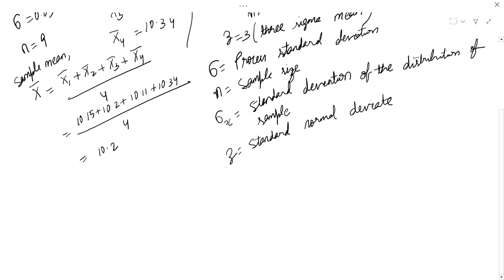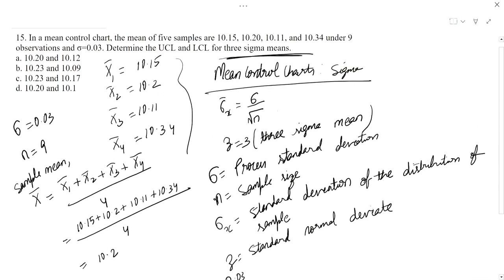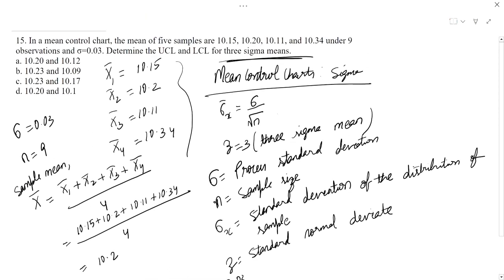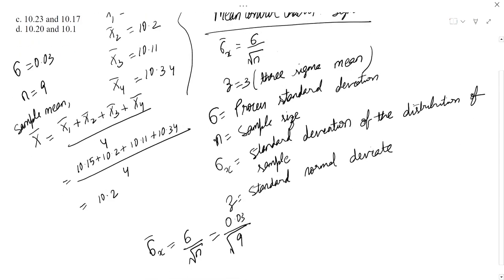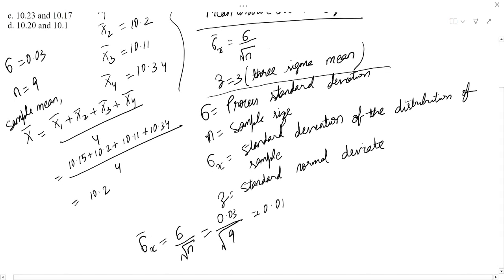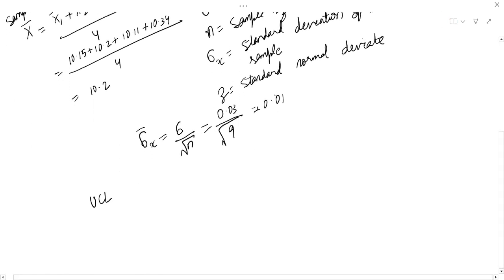Now we will solve this question. Sigma x bar is equal to sigma by root over n, which is 0.03 by root over n. We know from the question that n is 9, since it is given under 9 observations, so this becomes 0.01. Now Z is equal to 3 sigma. Now we will find out the upper control limit, which is x bar plus Z sigma x bar, and the lower control limit, which is x bar minus Z sigma x bar.